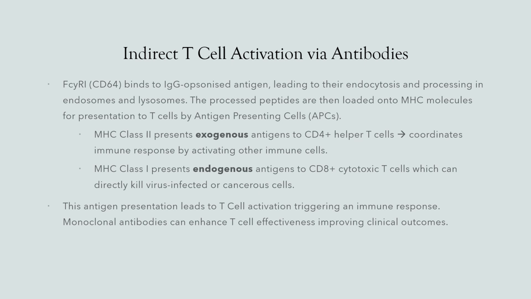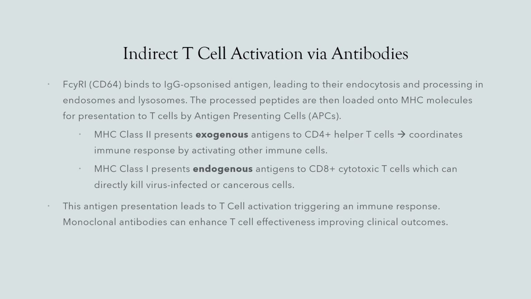This can then be engulfed via endocytosis and processed in the endosomes and lysosomes. The processed peptides are then loaded onto the major histocompatibility complex molecules in the antigen presenting cells, and presented to the T cells by these antigen presenting cells.